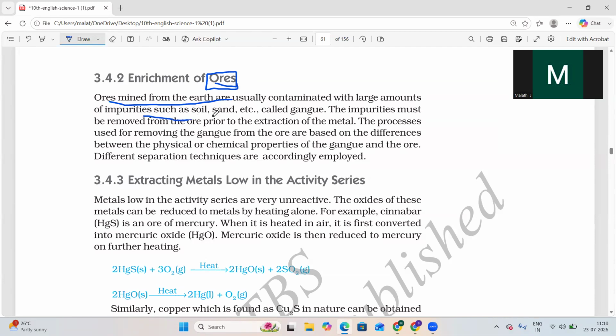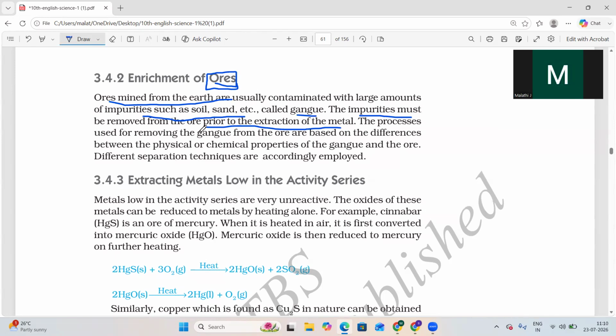These impurities, such as soil and sand, are called gangue particles. They must be removed to extract the metal. So before extracting the metal, we first have to remove the gangue particles, that is, the impurities of soil and sand present in the ores.